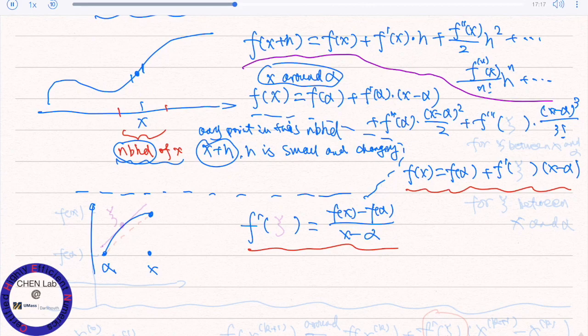And here is my f alpha, here is my f of x. So what is the right-hand side of this equality? f of x minus f of alpha divided by x minus alpha. What is it?